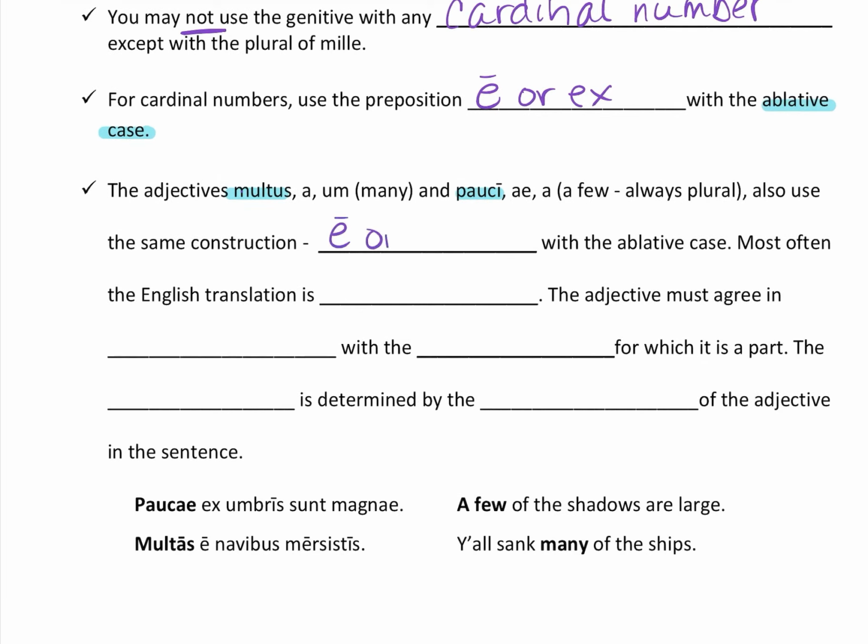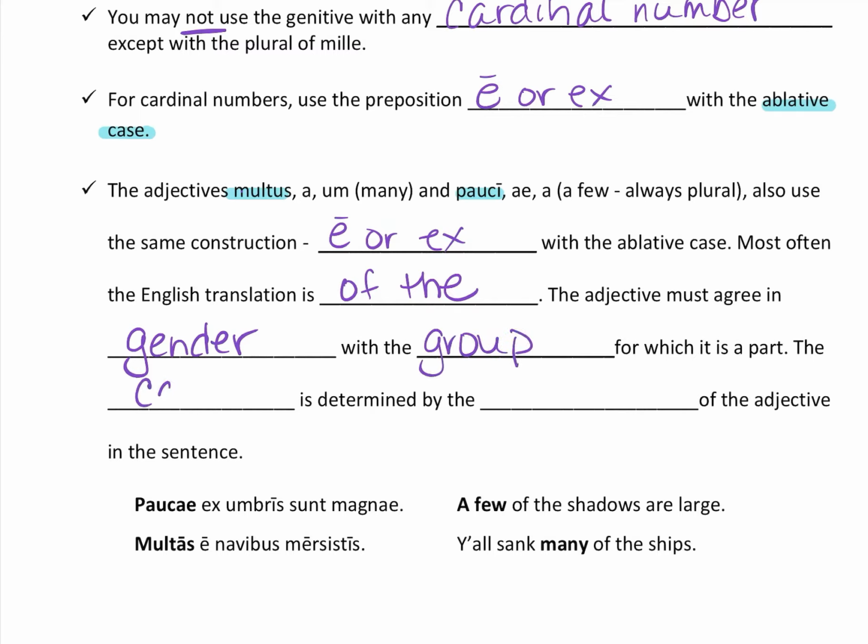It's e or ex with the ablative case. Now, most often the English translation when you use one of these words is "of the," even though it's not genitive, right? So the adjective must agree in gender with the group of which it is part. We'll look at that in a second.